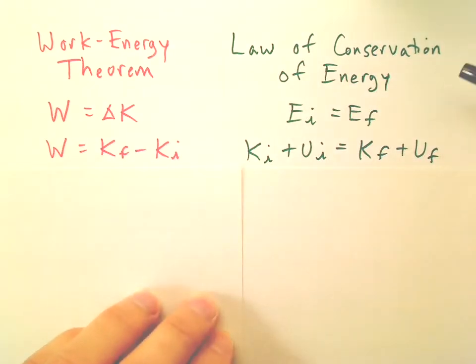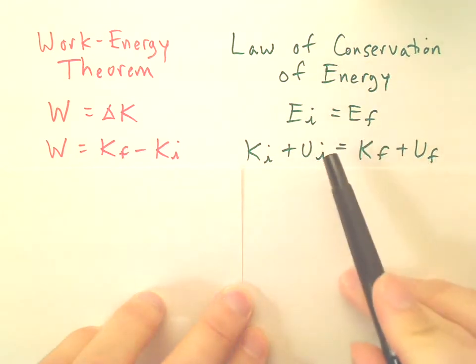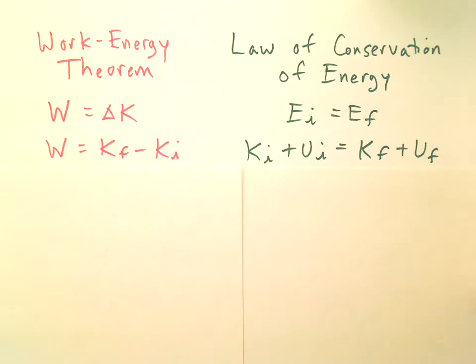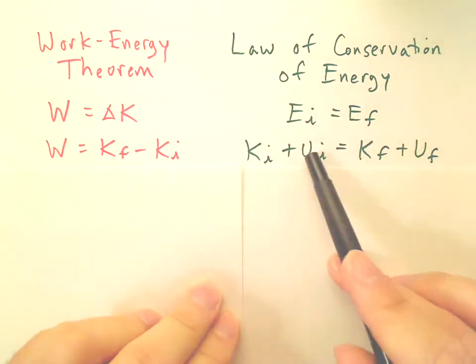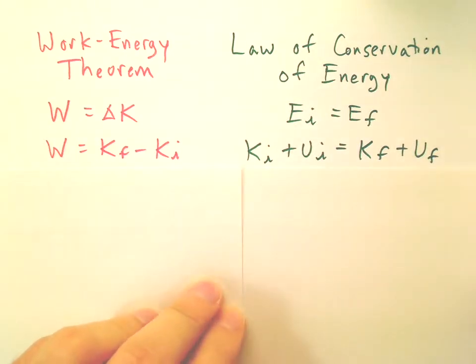Now over here, the law of conservation of energy has the advantage that there is no work. Instead of work, we have potential energy. And potential energy and work are 2 different ways of addressing the same thing, namely how forces affect energy. So potential energy in a way is almost a duplicate of work, but not quite.